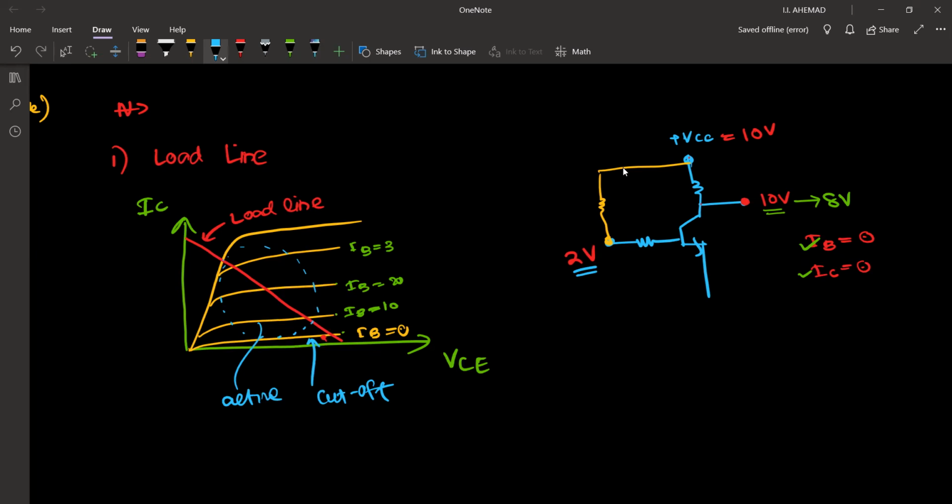Whatever value I apply for voltage, I am not getting an IC value. So that will be my saturation region. Is that clear? How we got the idea of each region: this is the cutoff, this is the active, and this is the saturation.